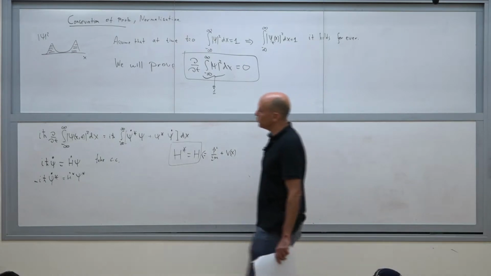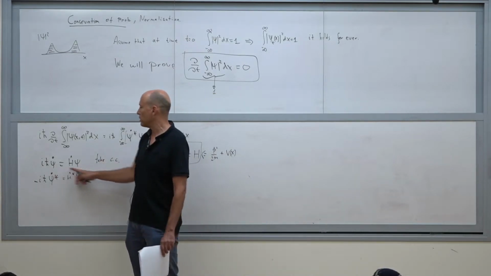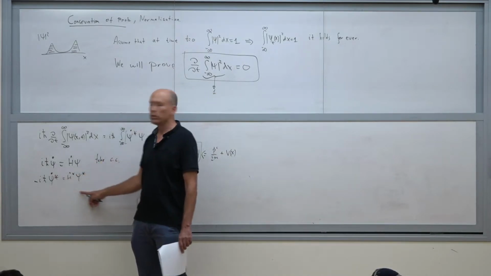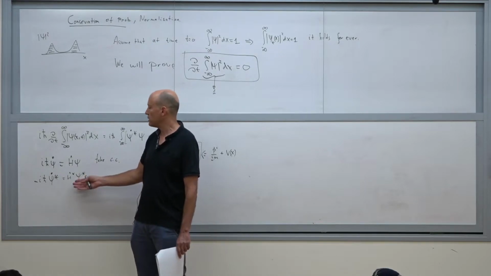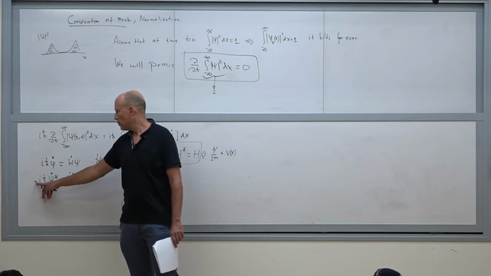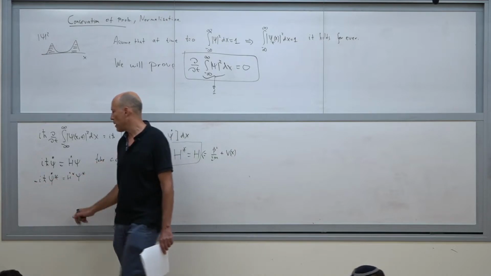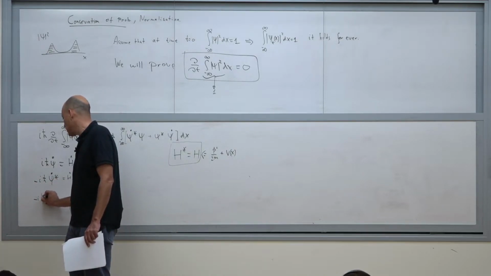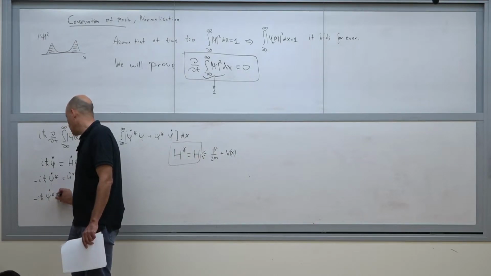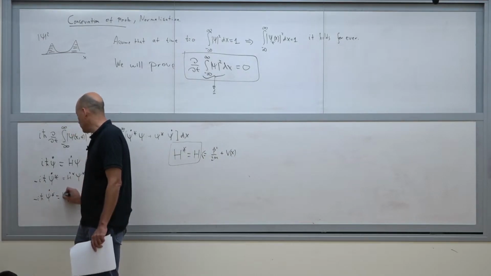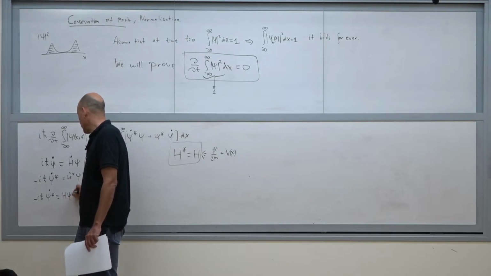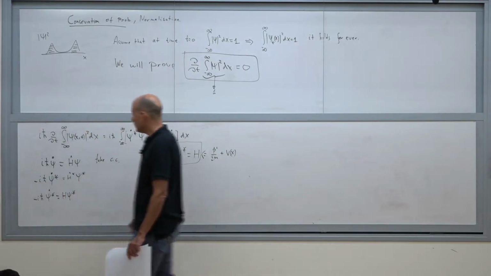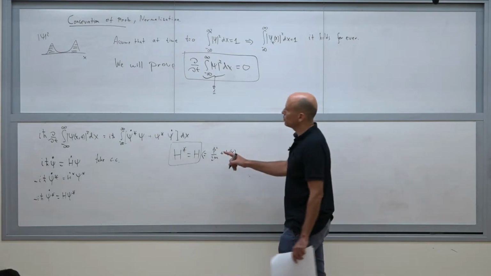Okay, so we have here two equations. This is the Schrodinger equation, and this is the complex conjugate of the Schrodinger equation. They're very similar, because the only difference is that here you have a minus, and because H star is equal to H, I can write minus iħ psi star dot equals H psi star, and I don't need the star on H. Let us go back to this equation.